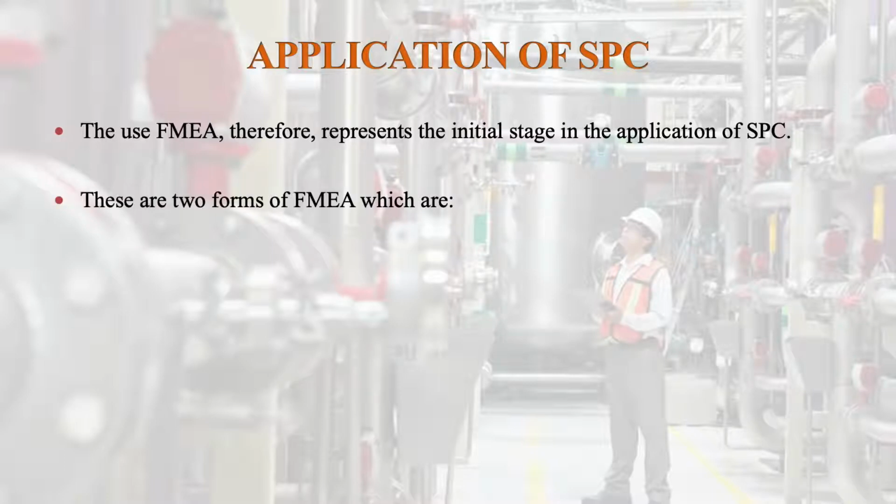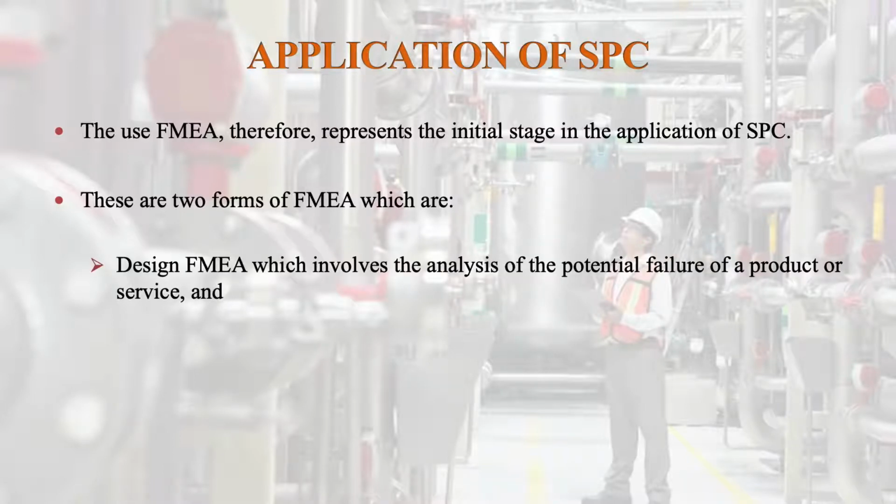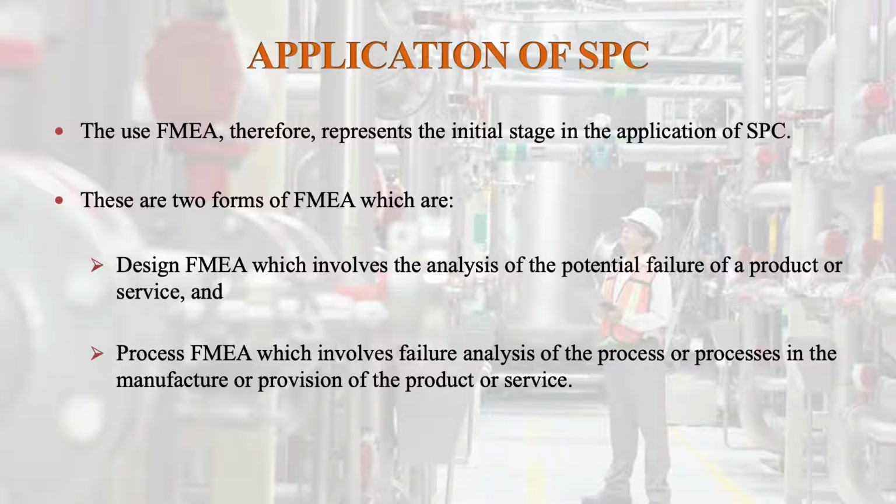There are two formats of FMEA: design FMEA, which involves the analysis of the potential failure of a product or service, and process FMEA, which involves failure analysis of the processes in the manufacture or provision of the product or service.